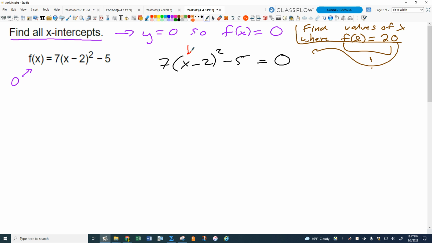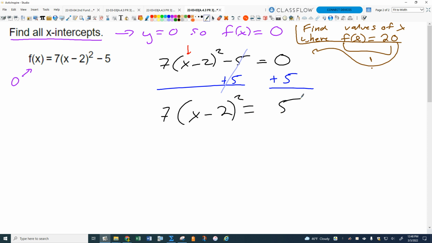What do I have to do first here? Add 5. Good. First step is add 5. That's good because I can cancel something, and I get 7 times the quantity x minus 2 squared equals 5. What's next? Divide by 7.